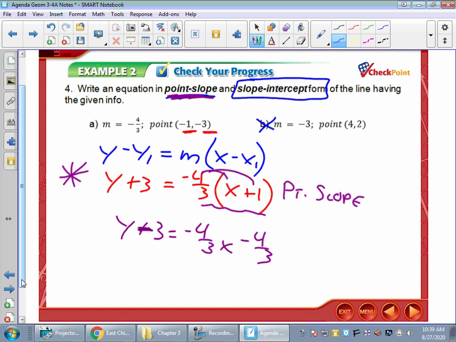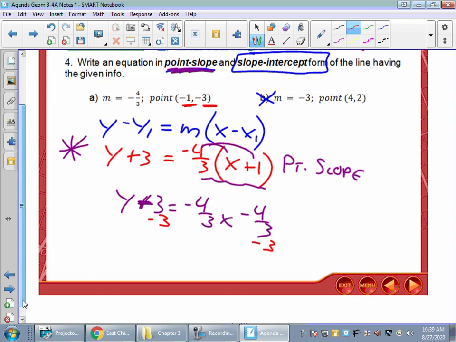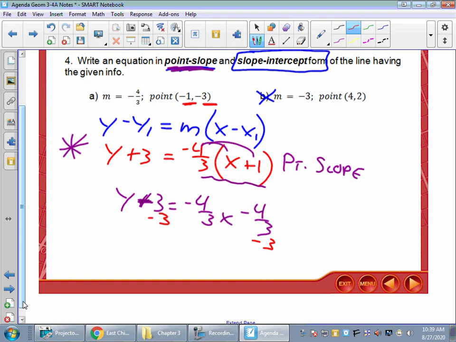And so we know that what I have to do here is subtract the 3 from each side. And that gets a little tricky with your fractions, but I would say my answer here would be y equals negative 4/3 x. So use your fraction calculator or whatever you need to do, but it would actually be negative 13/3. Because minus 3 would technically be minus 9/3, and then negative 4 minus 9 would be negative 13/3.